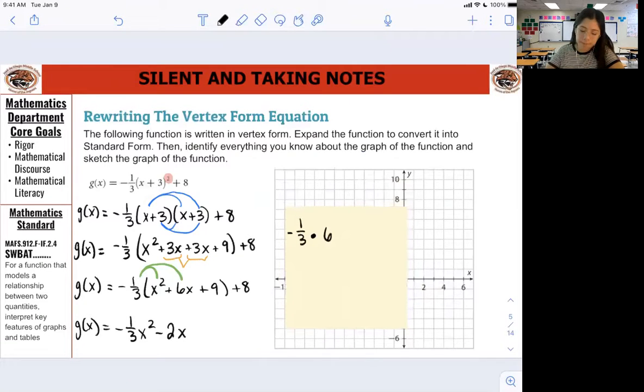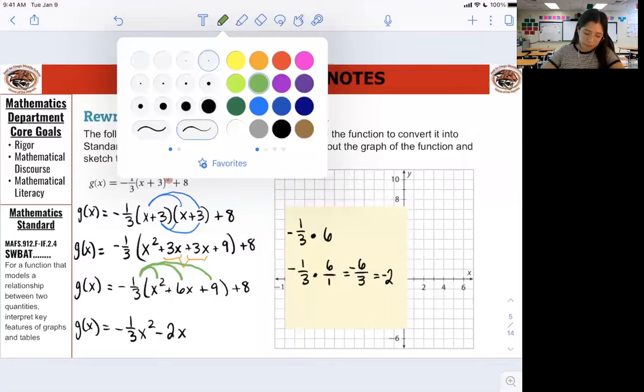Pretty much what you did was swap the 1 for the 6: 6 over 1 times 1 over 3 gives 6 over 3, and then you simplify it. 6 divided by 3 is 2, and obviously this is all negative, so negative 2. We've done this enough times, guys, that if you see fractions, you shouldn't feel quite as terrified as maybe you did in October. Hopefully you're getting a little bit better at those.